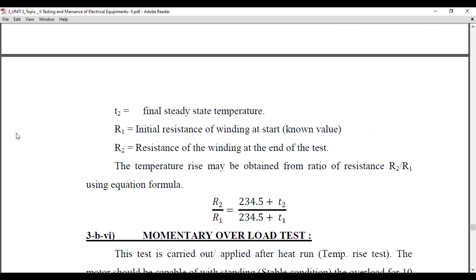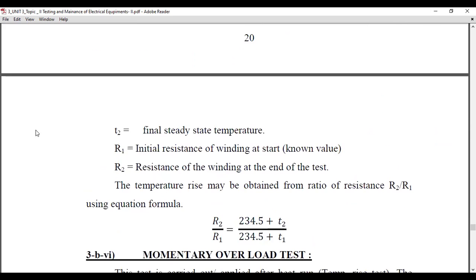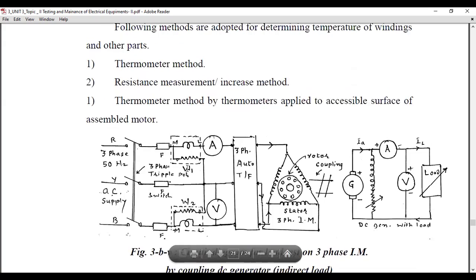Then by using this formula, we can calculate the temperature rise: the ratio of resistances R2 by R1 is equal to (234.5 plus T2) to (234.5 plus T1). This way we need to calculate it. I hope you have understood this method in detail.